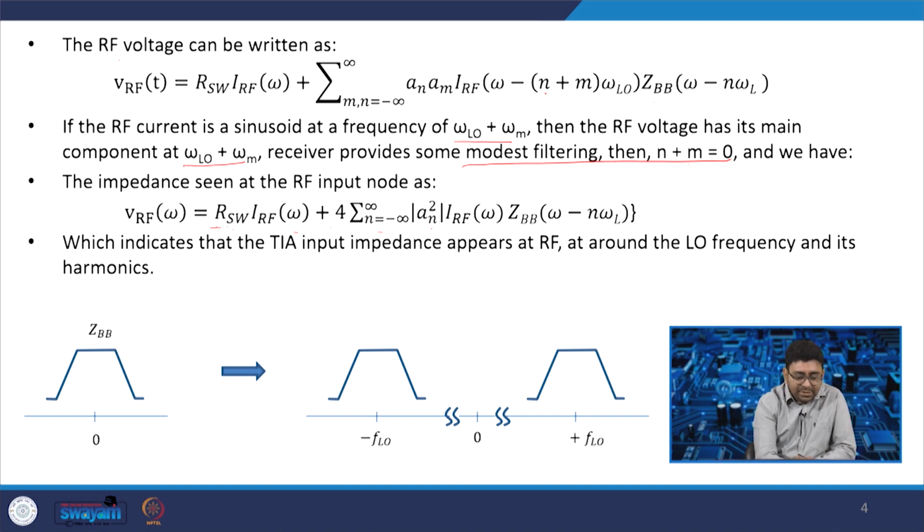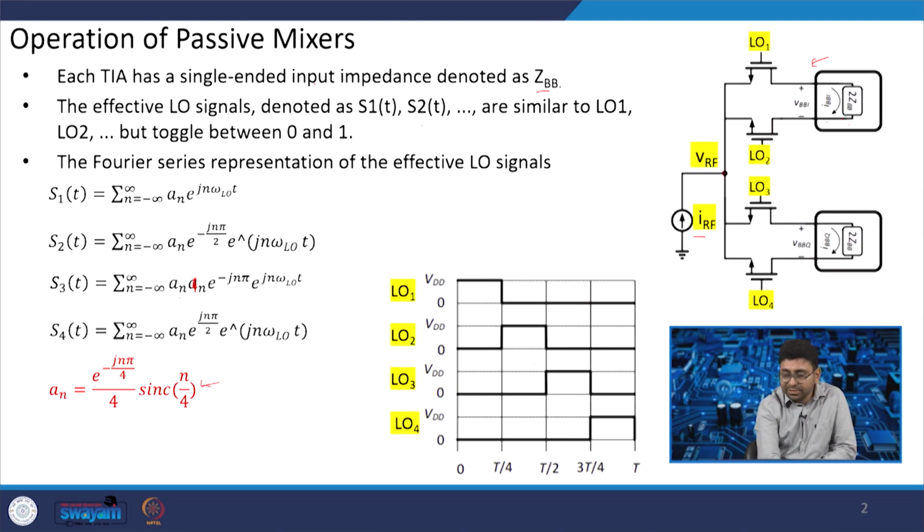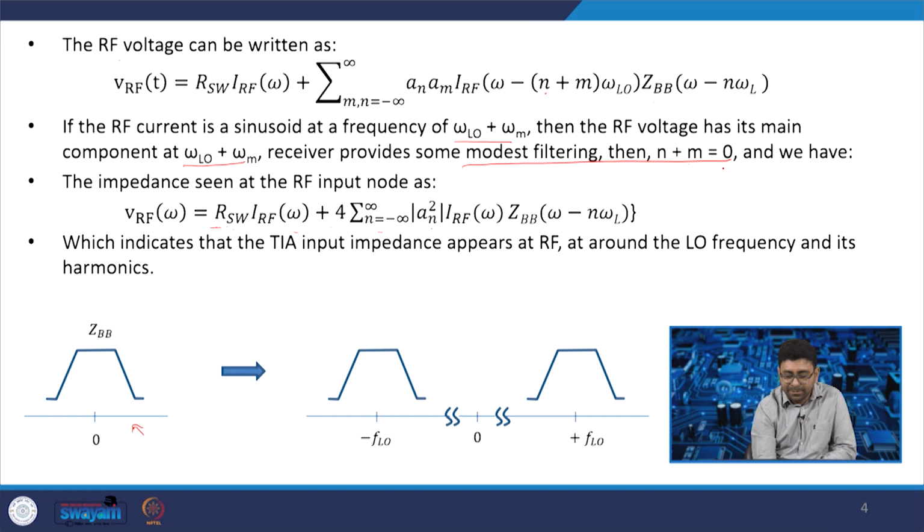This ZBB is the impedance with respect to the frequency at baseband. This is a representation of the TIA. Now, that will be up converted at this point, at the LO frequency FLO and minus FLO.